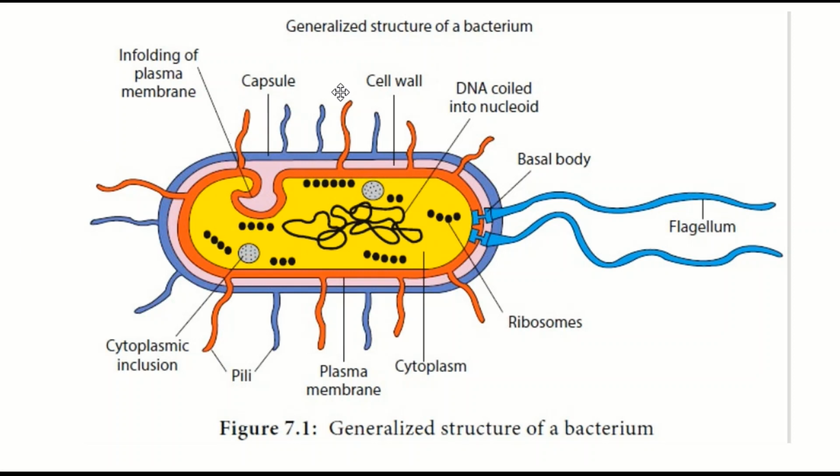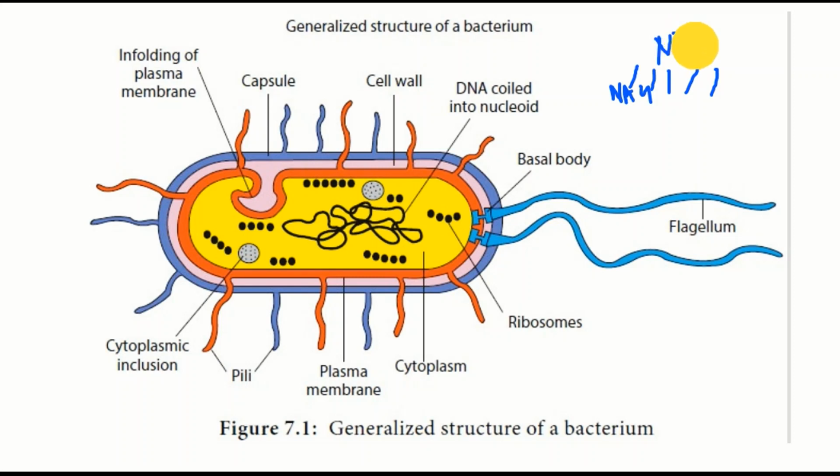Now the cell wall. The cell wall is inside the slime layer and capsule layer. This is rigid because it gives the shape to the cell. The cell wall is composed of peptidoglycan, which is formed by alternate chains of NAG and NAM. NAG here is N-acetyl glucosamine and NAM is N-acetyl muramic acid.